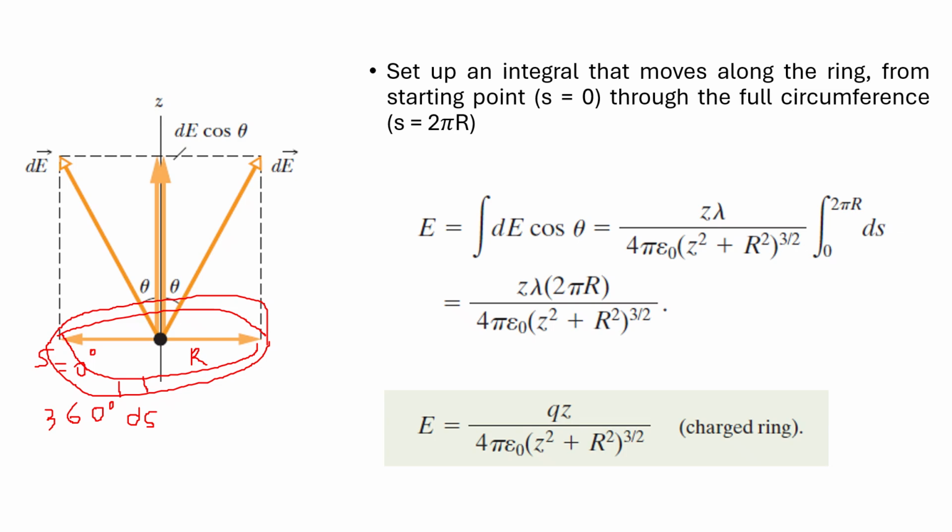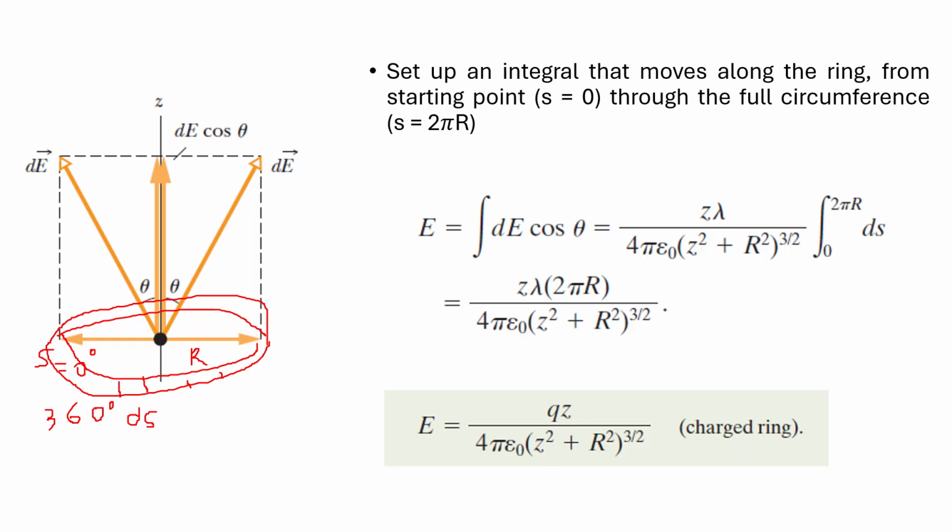The electric field produced from this small arc length, when we use the integral, is z lambda over 4 pi epsilon 0 times bracket z squared plus r squared to the power of 3 over 2, integral of ds from 0 to 2 pi r.